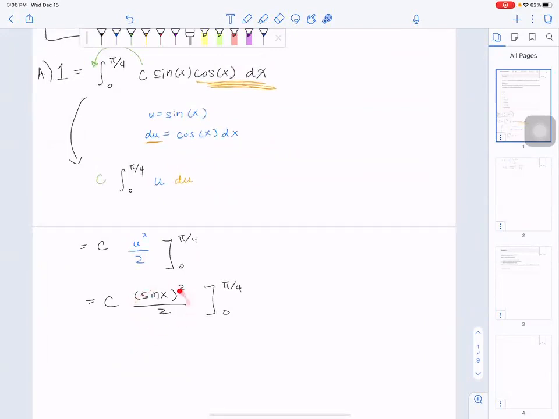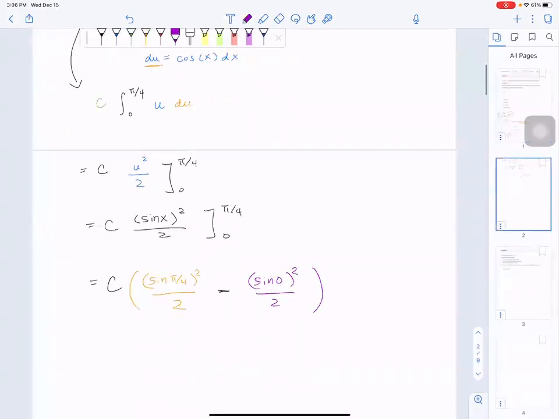Now we have to evaluate this at pi over 4, then minus, evaluate it at 0. So what do you get when you substitute in pi over 4? You have sine of pi over 4 squared over 2 minus, you plug in 0, which gives sine 0 squared over 2. And what does that give you? Sine of pi over 4 is square root 2 over 2, all squared, divided by 2, minus, sine of 0 is 0, so 0 over 2.